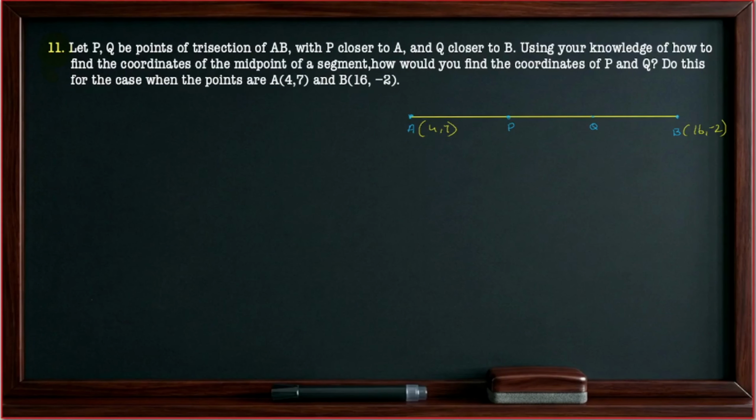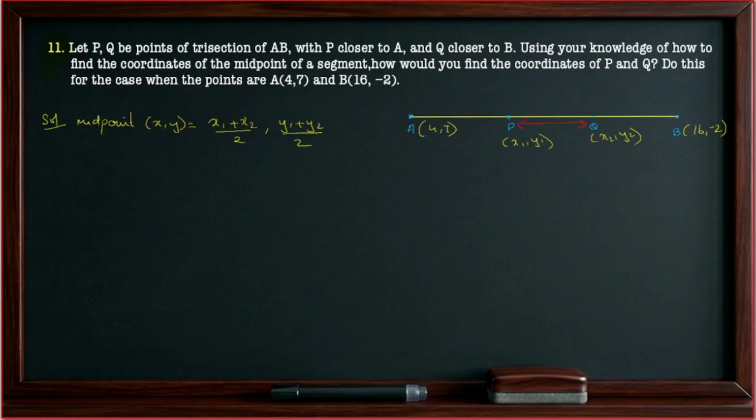So here for P we will take it as (x1, y1) and Q as (x2, y2). So using the midpoint formula, (x, y) is equal to ((x1 + x2)/2, (y1 + y2)/2). So here the main concept is that x is equal to (x1 + x2)/2 and y is equal to (y1 + y2)/2.